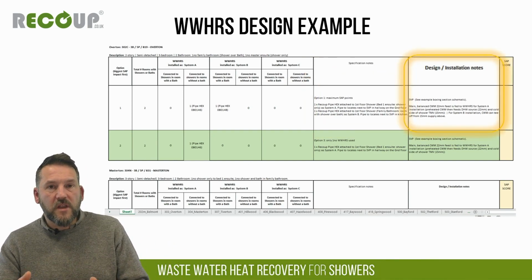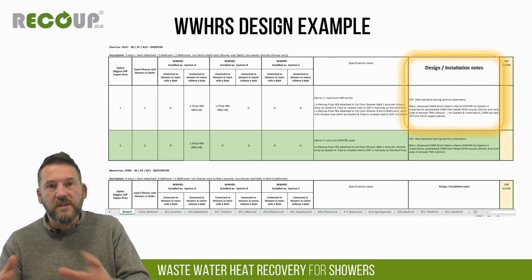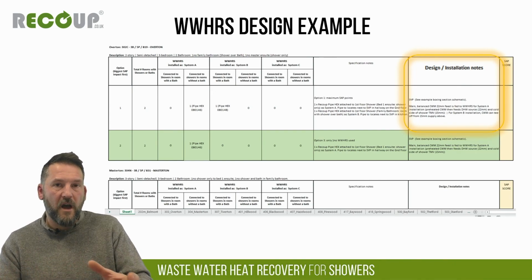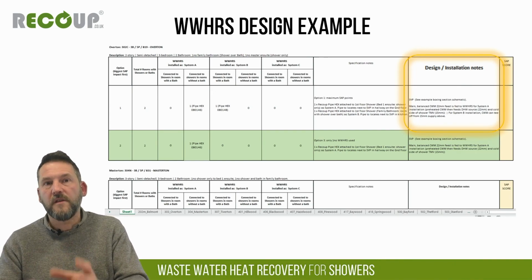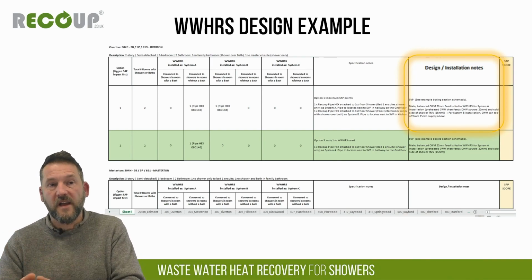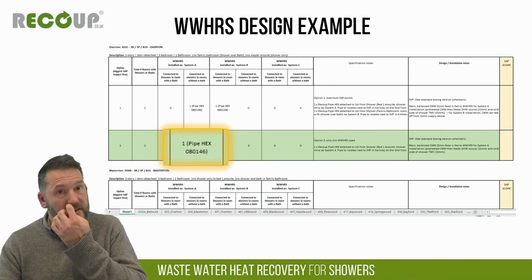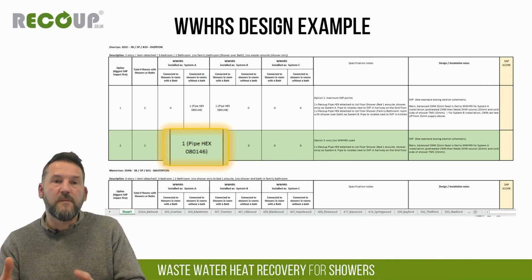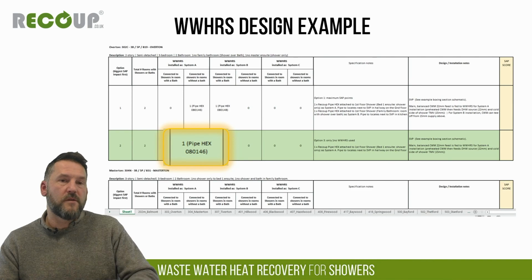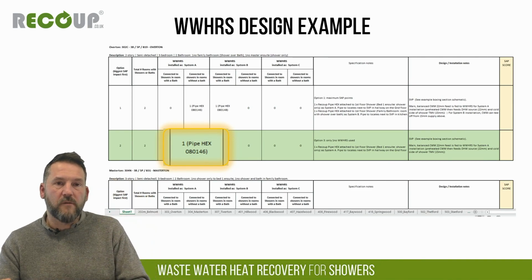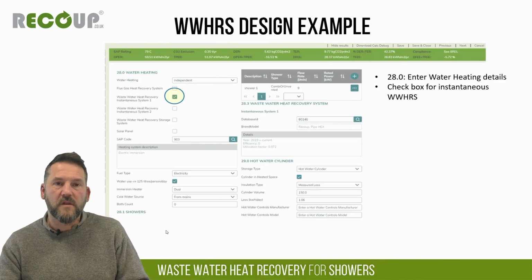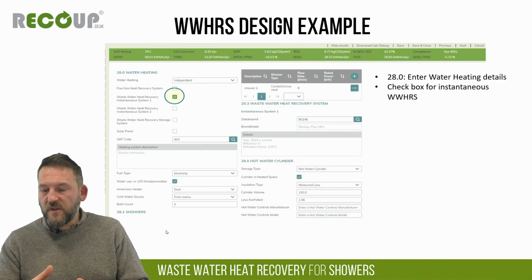Design and installation notes can be tagged to the drawings or into your design packs, so that the installers and anyone further down the line understand what's been installed and where and why. For the SAP assessors in the room, we'll supply the PCDB numbers, so you save searching through reams and reams of wastewater heat recovery variants. You can just plug this straight into SAP and it will come out for you. So we'll support you in as much as we can there.